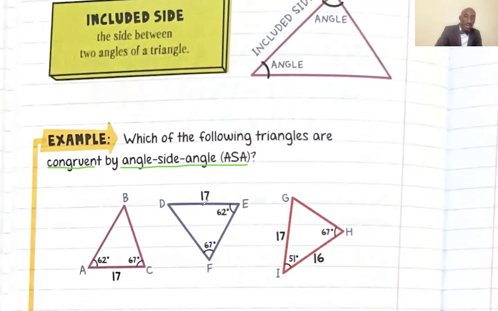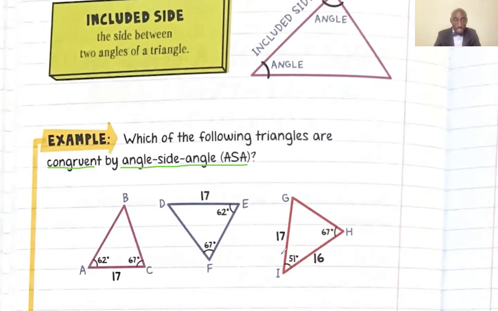Okay, now we have angle I, right? Is 51, angle H is 67, and in between those is 16. But it also has something here, which is 17. So what we can do is figure out, well, what is going to be the last measure?